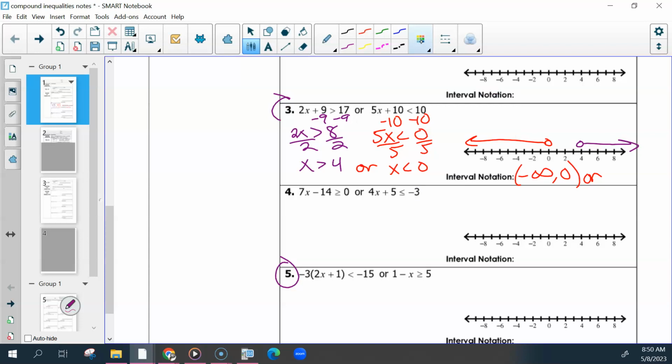And then it starts again at 4, again not closed, and it ends at infinity. Again, you don't have to put that part, but for practice, it would be good. You don't have to write this.